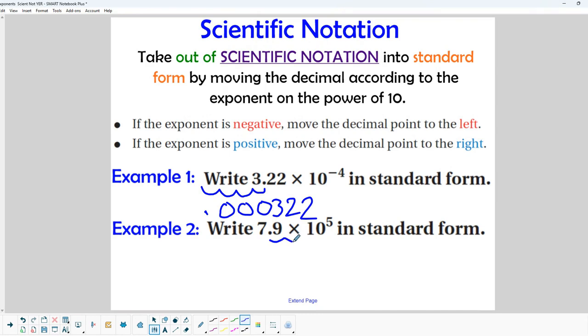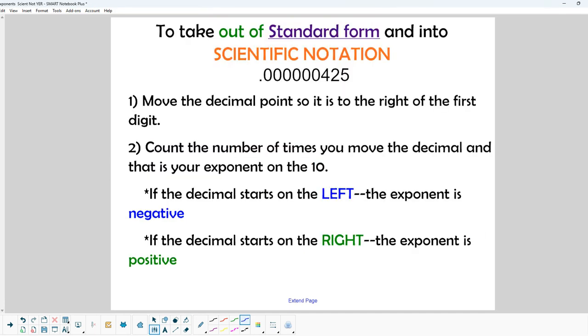So after that 9, we're going to do 4 more. That means we got to add 4 zeros, right? 1, 2, 3, 4. So that's taking a number that is in scientific notation and moving it back to standard notation.